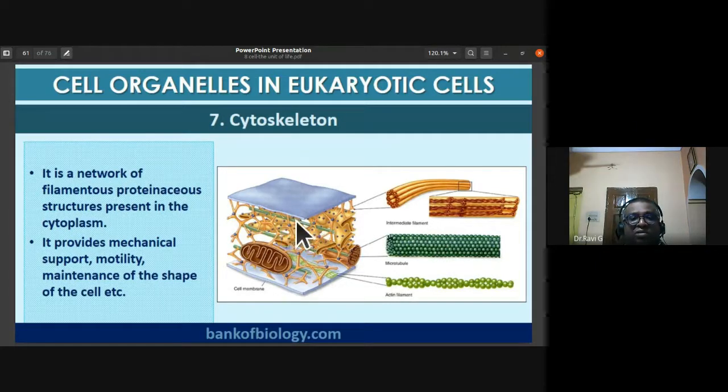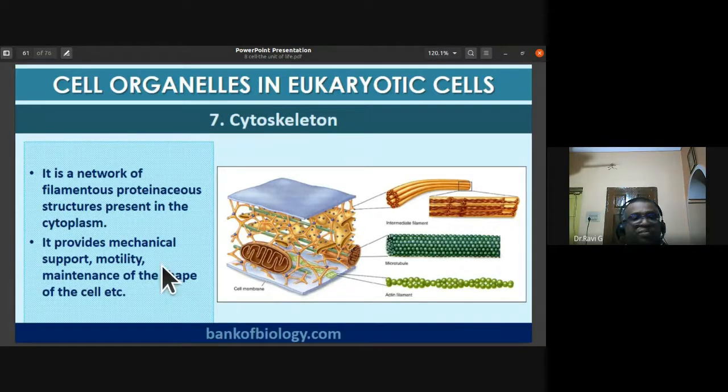Can you notice this network of filamentous proteinaceous structures? It provides mechanical support, motility, maintenance of the shape of the cell, etc.